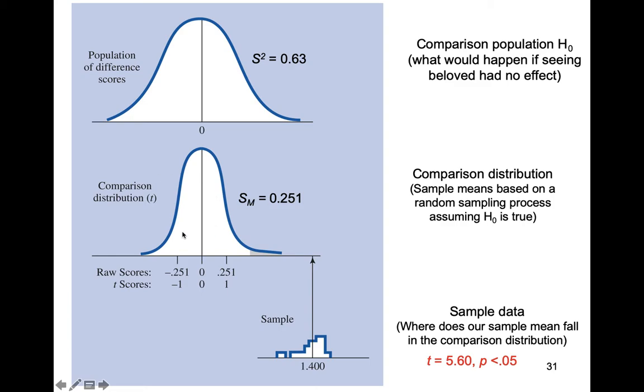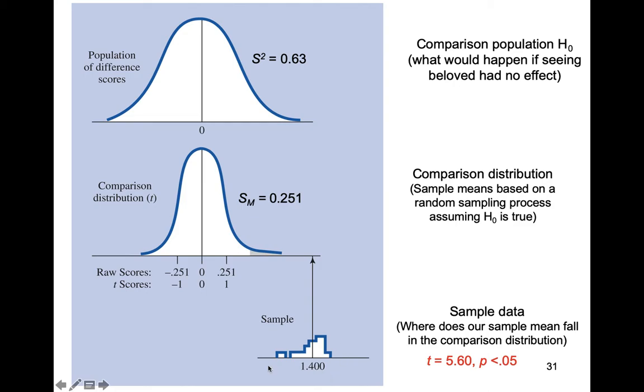Then imagining what would happen if we took all possible random samples of size 20, because there were 20 people in the study. Okay, so that random sampling process would produce a pile of means, most of which also had a mean of 0, but you could see that there'd be some variability there.